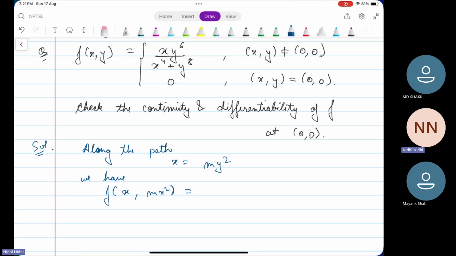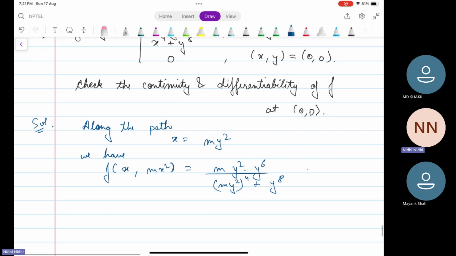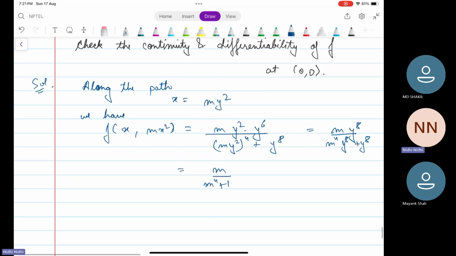We'll get m y square times y to the power 6 over (m y square) to the power 4 plus y to the power 8. So this is m y to the power 8 upon m to the power 4 y to the power 8 plus y to the power 8. So this is m by m to the power 4 plus 1.